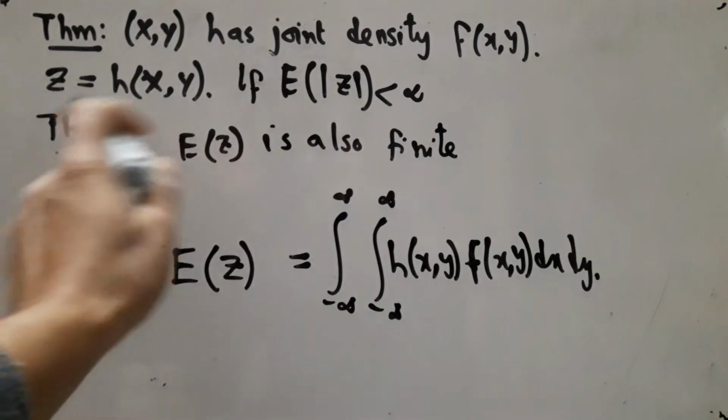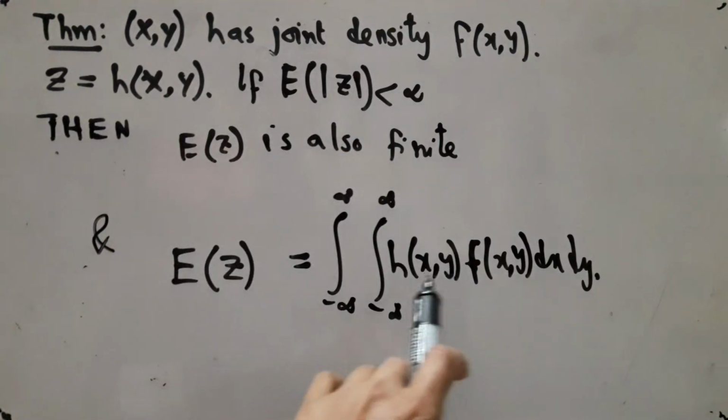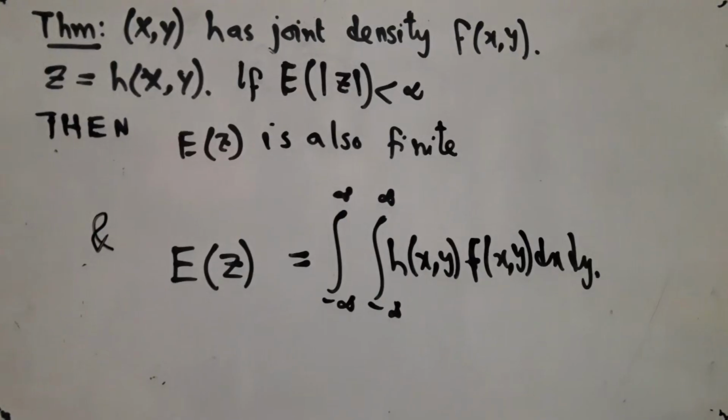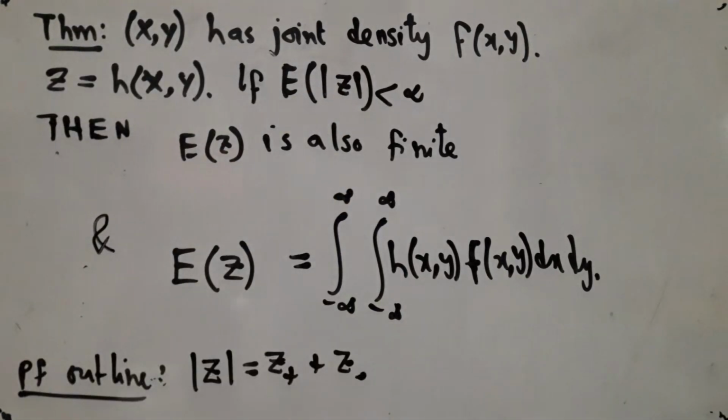Now, this is what we have most of the time. So usually this condition will be satisfied, and so we can find the expectation by just multiplying by the density and taking the integral over the entire space. The proof of this theorem is pretty straightforward, once you notice that the absolute value of z is actually z plus plus z minus.